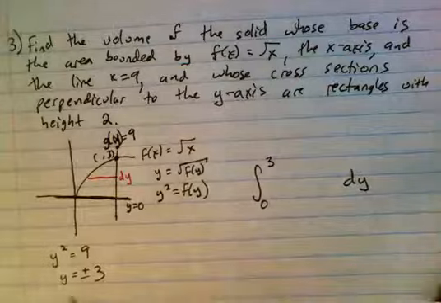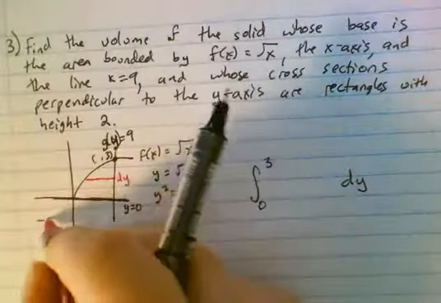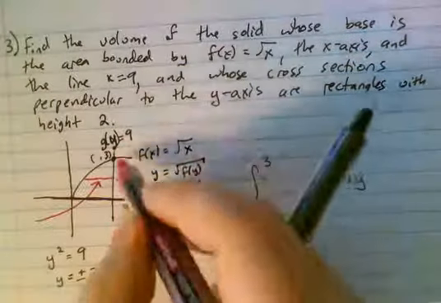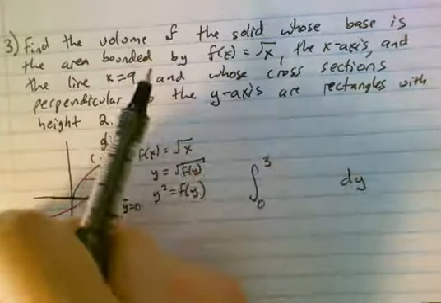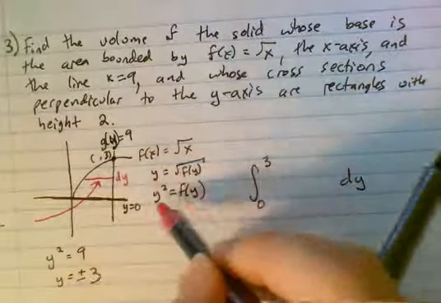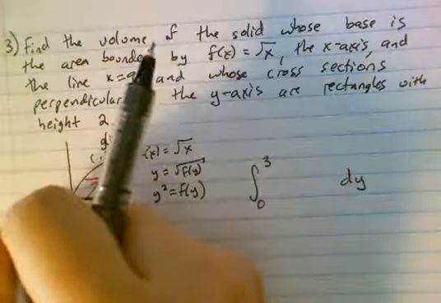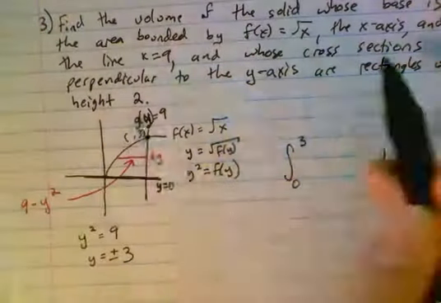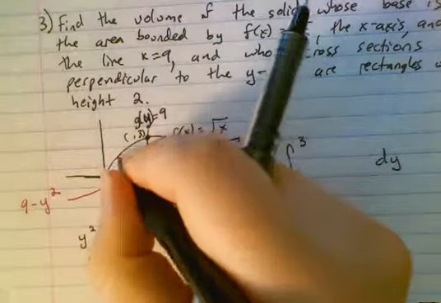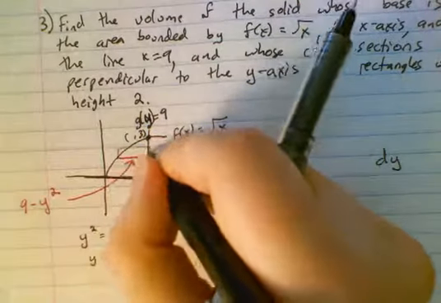And now I've got to figure out what this is. I'm always going to do right minus left, so this is 9 minus y squared. However, let's see what we do with that. So these cross sections are rectangles with height 2, so I'm going to draw my little height here.